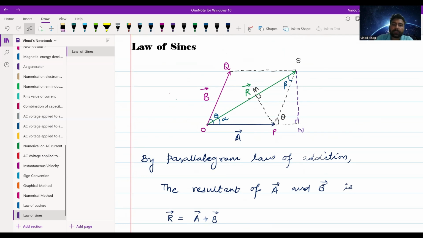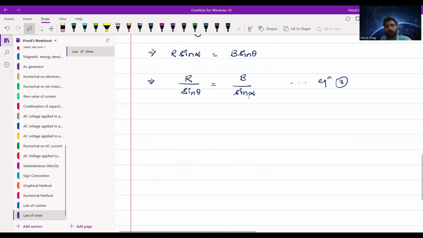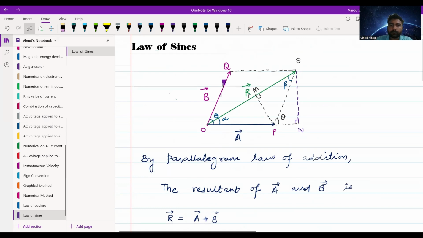Now we are going to take the triangle SMP, or we can say the triangle PMS also; both are correct.